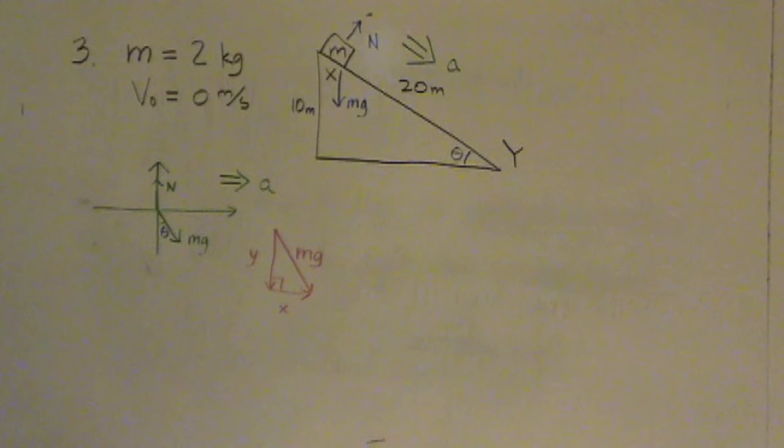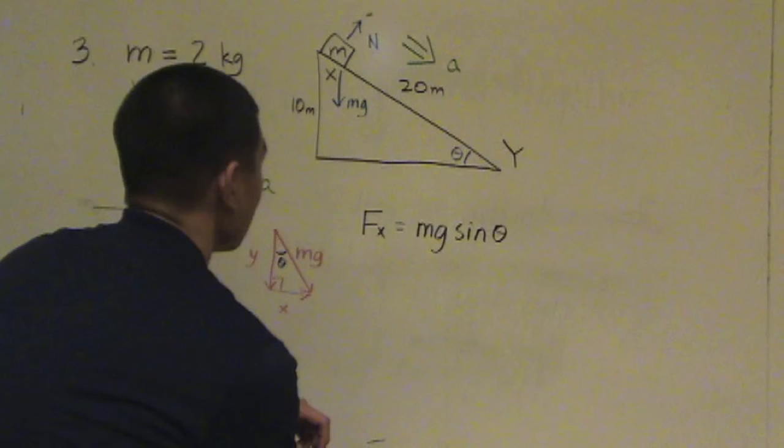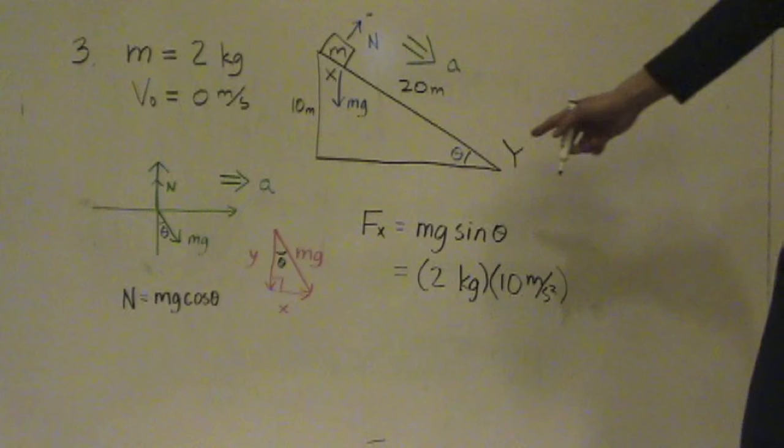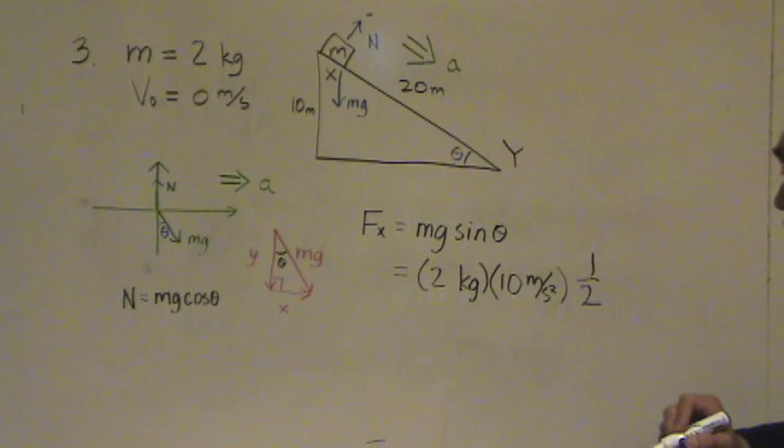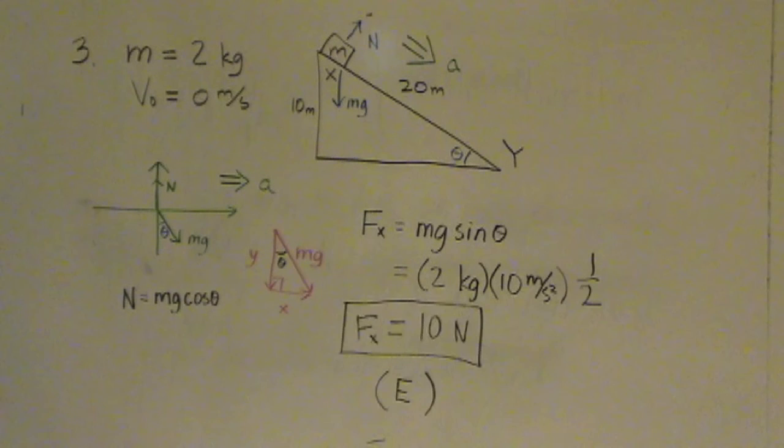Because this object doesn't move up or down the y-plane, the normal force is precisely the y component of mg, which is mg cosine theta, and the x component is mg sine theta. If you have any questions on trigonometry, we can review that, and once we do the math, it comes out to be just 10 newtons, which is E.